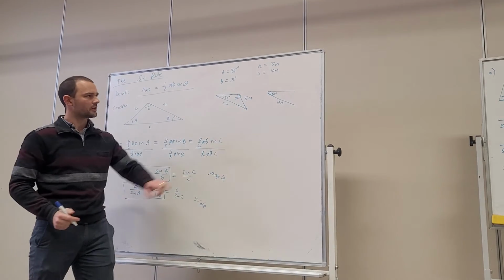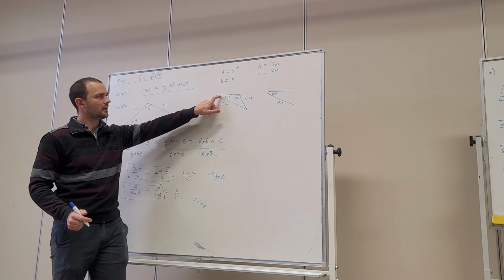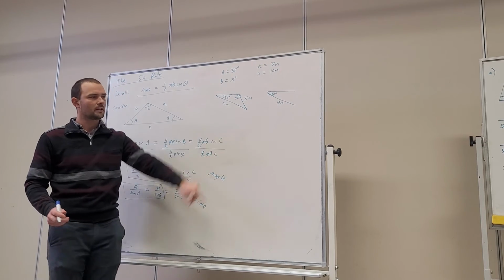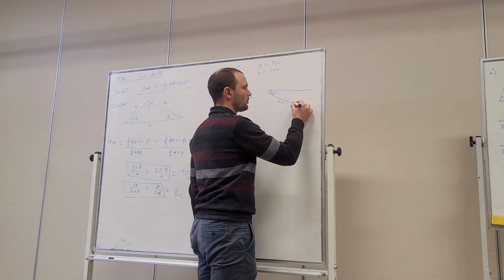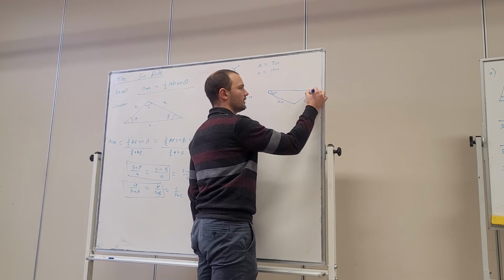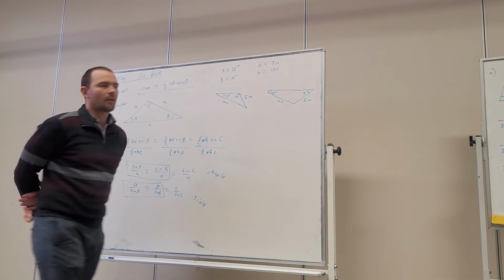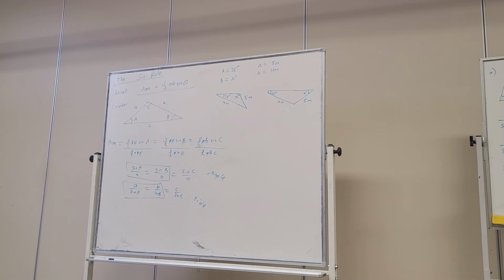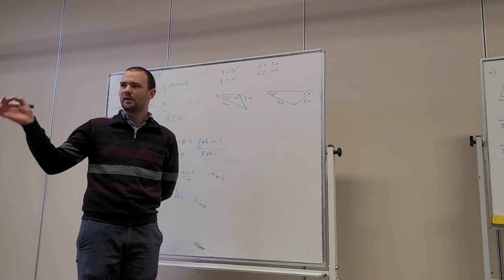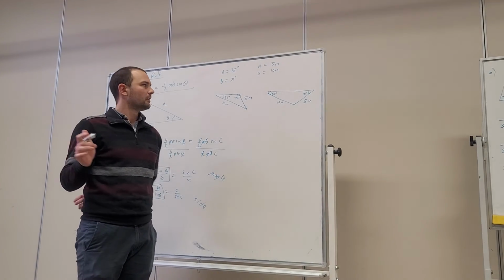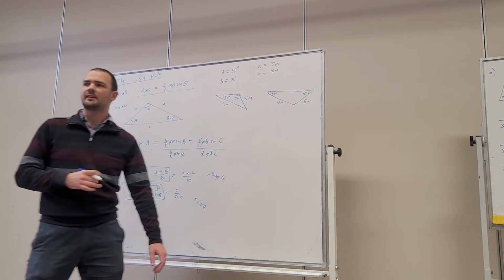We've got angle A and side A, angle B and side B. Or we could draw it like this. And you can see, because of the information we're given, there's a bit of ambiguity around which angle it wants you to solve. And so this is what we call an ambiguous case.